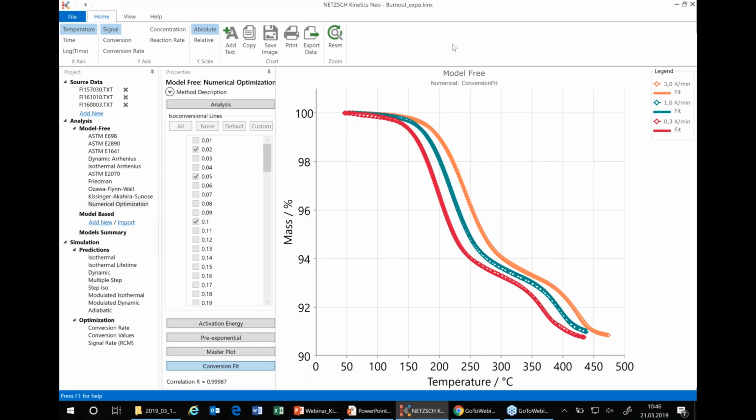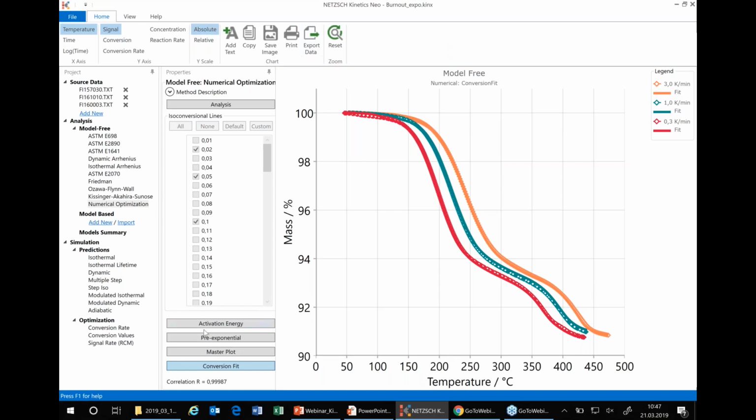It means that our kinetic parameters, or our kinetic model, can describe our process for any temperature and for any heating rate. It means that we can use our kinetic model for simulation, for example, for a temperature profile which happens inside your oven during your sintering process.